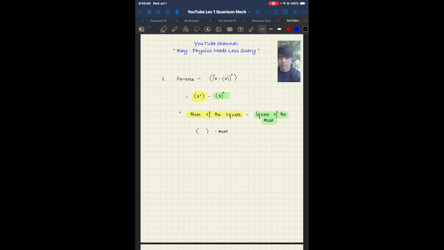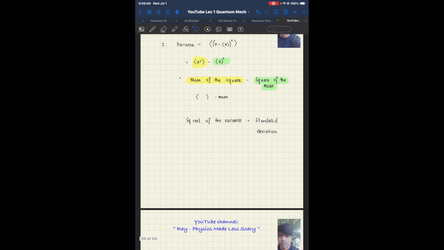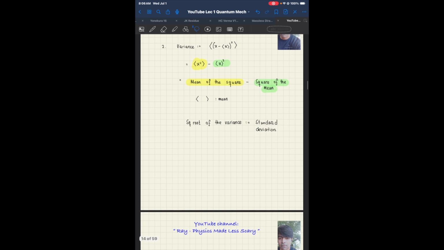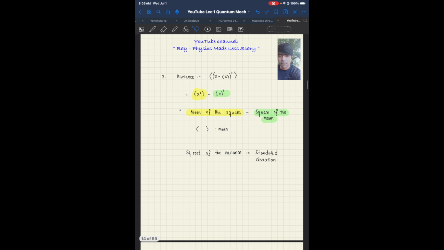And the last thing that we need is the square root of the variance, which is called the standard deviation. So lots of seemingly difficult mathematics going on, but these are very simple, and I'll shortly give an example which will help clarify matters.